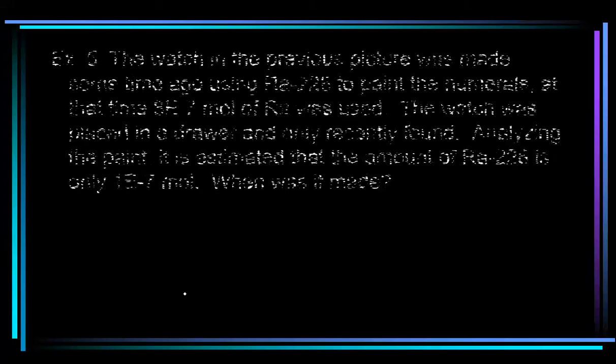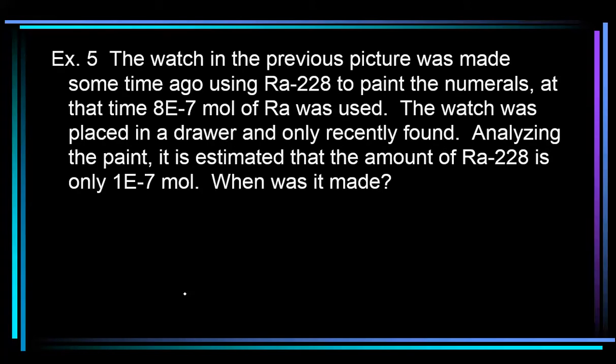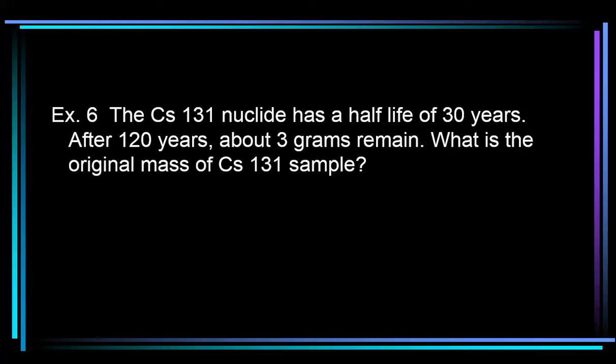And then let's talk about one of my favorite topics, carbon-14. The watch in the previous picture, we've already done that one. Cobalt-131 nuclide has a half-life of 30 years. Do I have to give you the half-life? Yes, I have to give you the half-life. And if I don't give you the half-life, then what I want you to determine is the half-life, and we just did that, right?